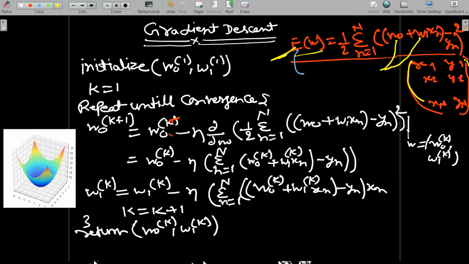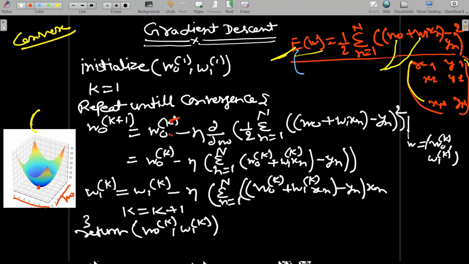So what it is saying is that this error function is a convex function, we have already proved it. So this is the convex function, and a convex function will look like this one, and since it is a convex function, we will definitely have a global minima at this particular point, and our intention is to find out this particular point's corresponding W0 and W1.